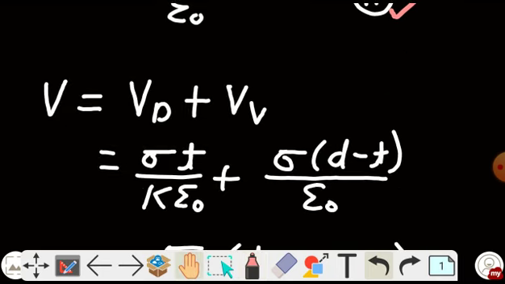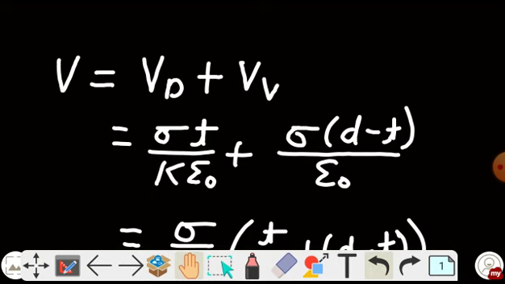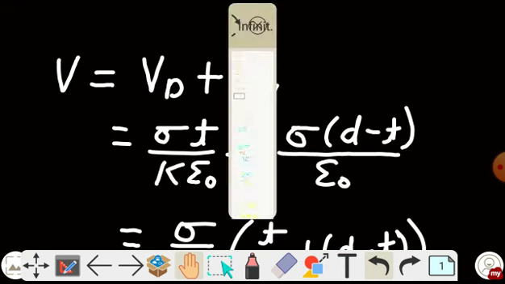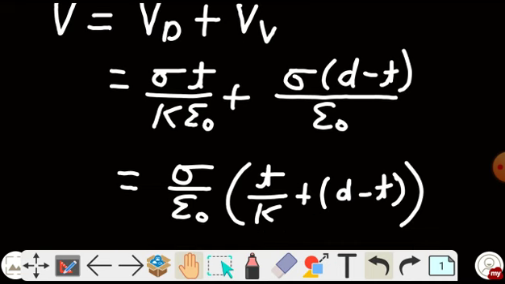Hence the total potential drop between the plates, that is V, is given by the sum of Vd and Vv. Put the values of Vv and Vd obtained in equations 1 and 2.